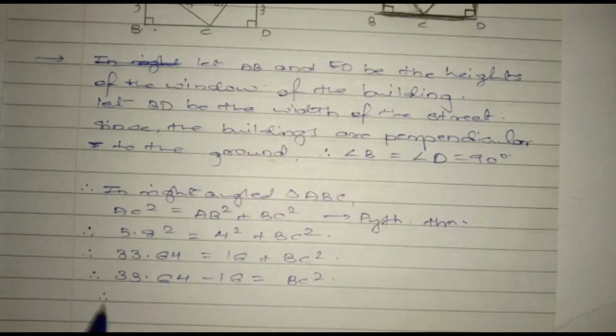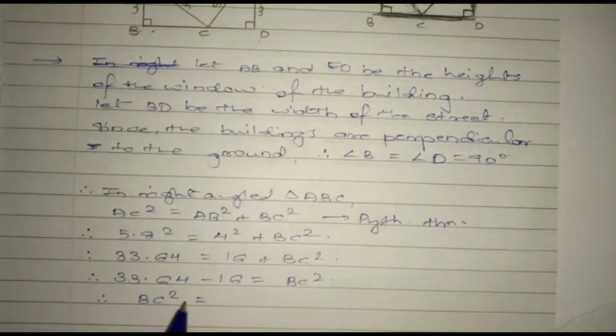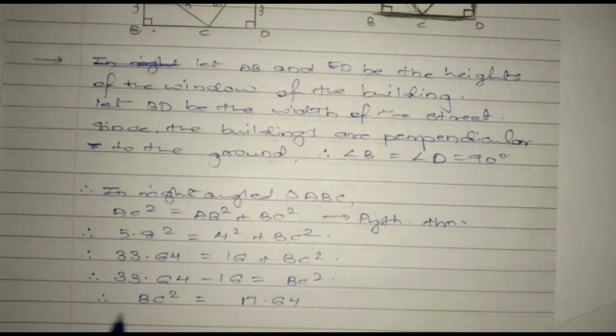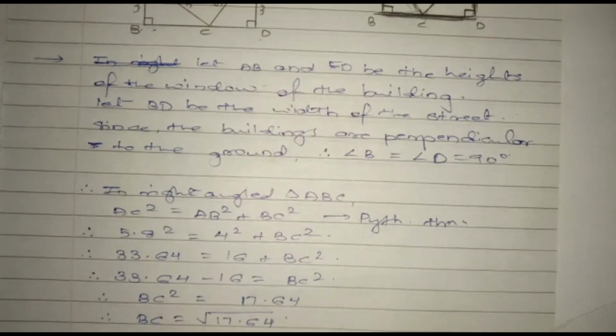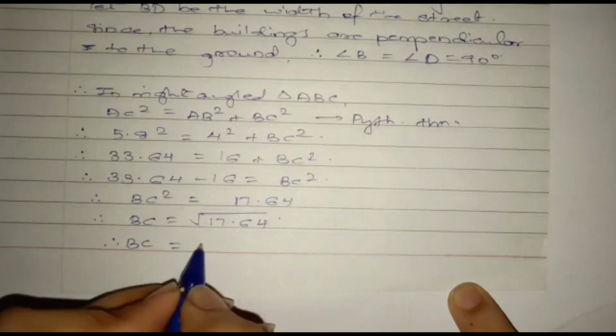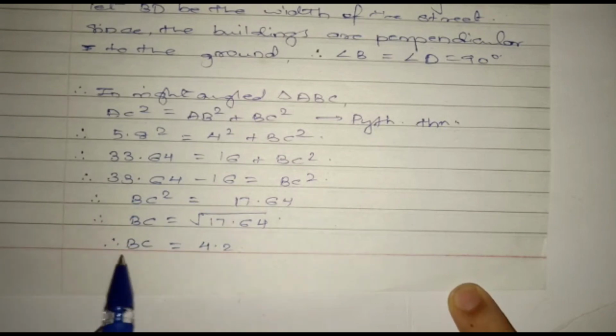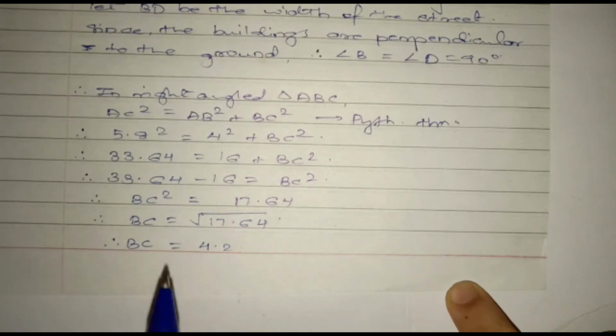So BC square is equal to 17.64. Therefore BC is equal to the square root of 17.64, which is 4.2. So we got BC as 4.2.